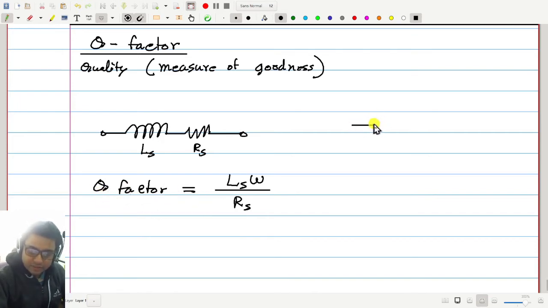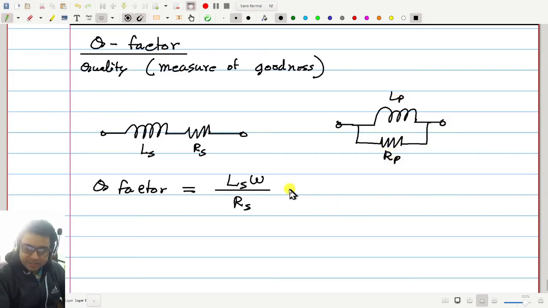But if we model it in this way, Lp Rp, then it will not be equal to Lp omega by Rp. It will not be equal to that. Can you tell me what it will be equal to? From intuition, this is a measure of purity of this impedance.